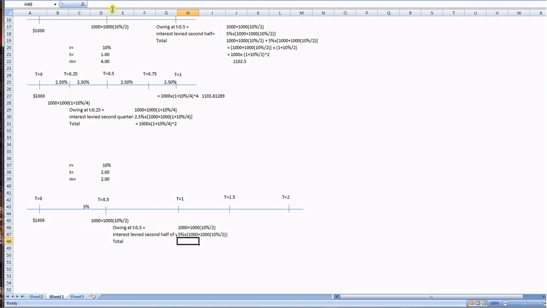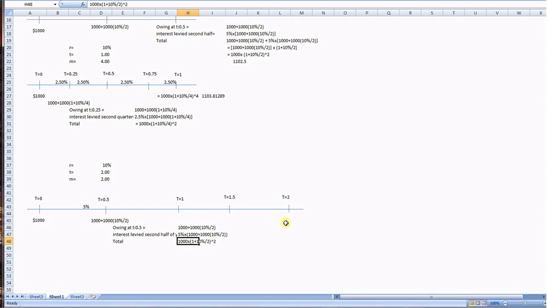And the final total will be the sum of these two, and as we worked out just now, it should be $1,000 multiplied by 1 plus 10% divided by 2, to the power of 2. So it should be clear that it's very similar to what we had just now. I'll skip t equal to 1.5 and let's move on to the maturity of the loan.